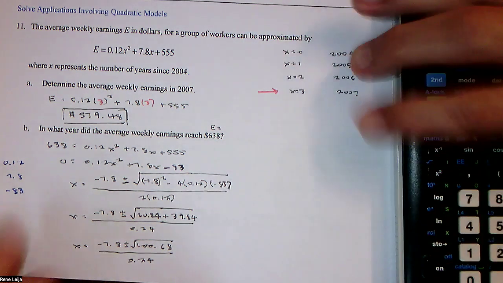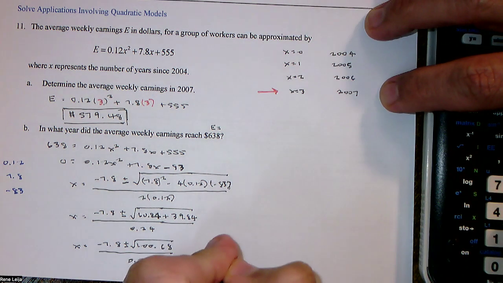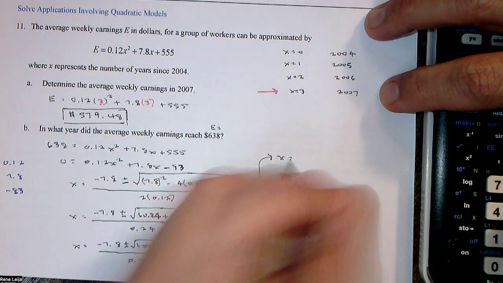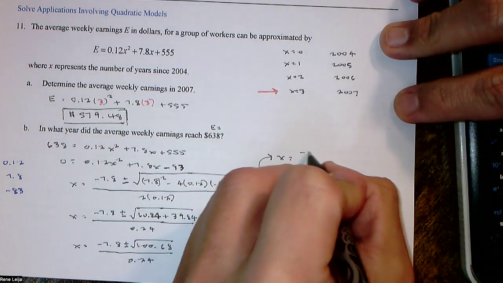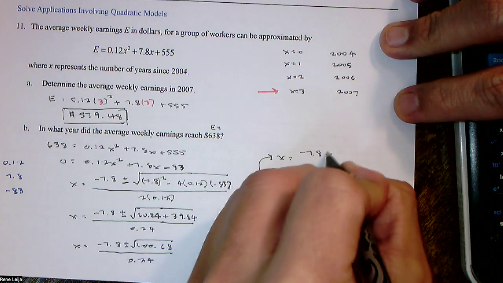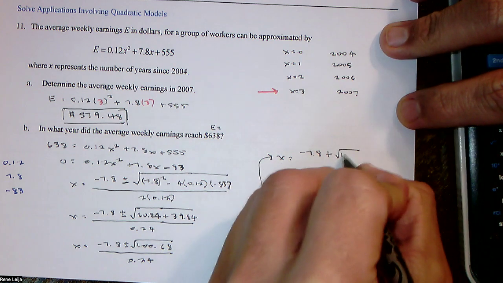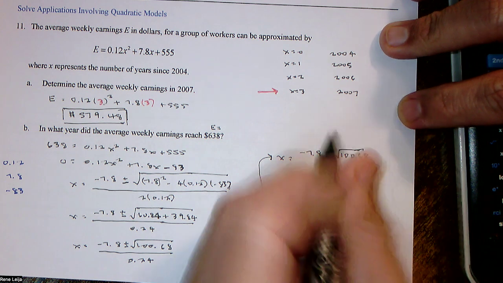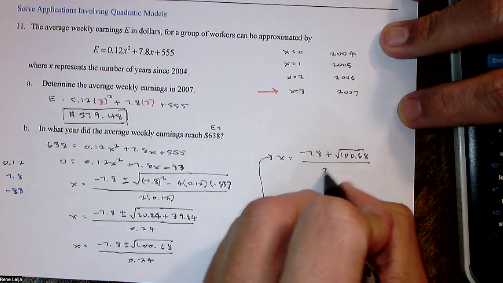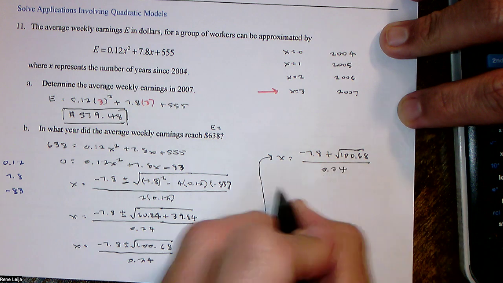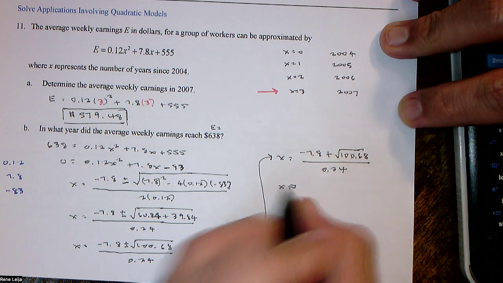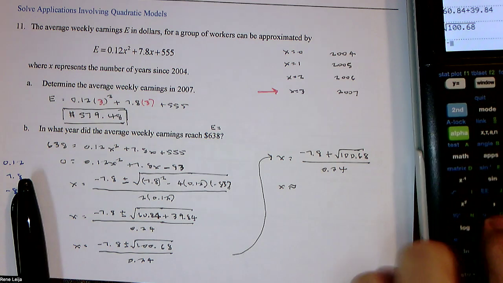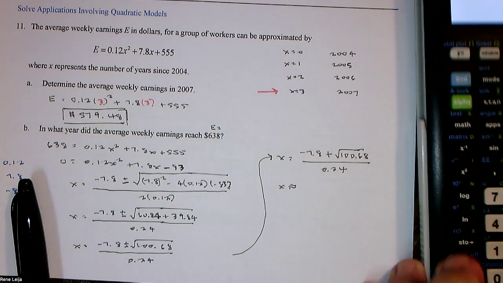All I want is x equals negative 7.8 plus the positive square root of 100.68, all over 0.24. And this is not going to be an exact number. More than likely, it's going to be an approximation.